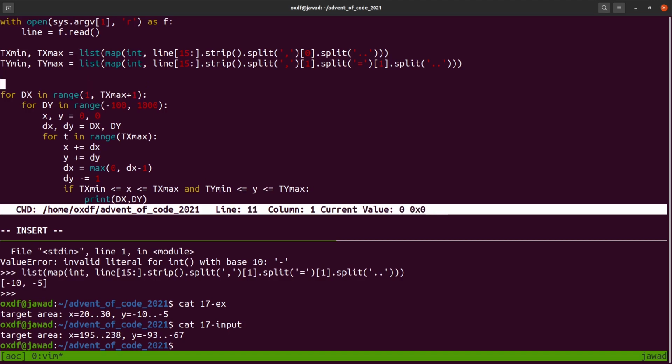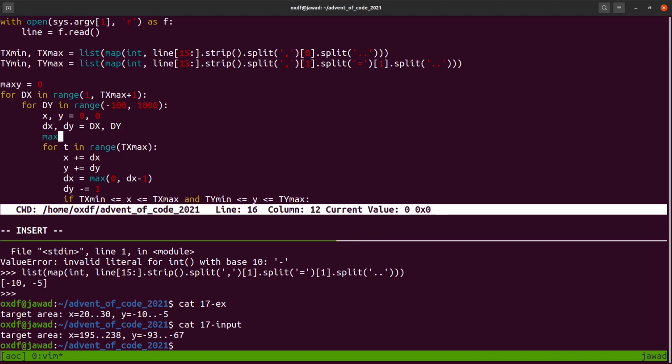Go ahead and start this up here. Max y equals 0. Actually, we need to track that along each one. So we need max y equals 0, and up here we need max y. So down here we need max y equals max of max y and y.